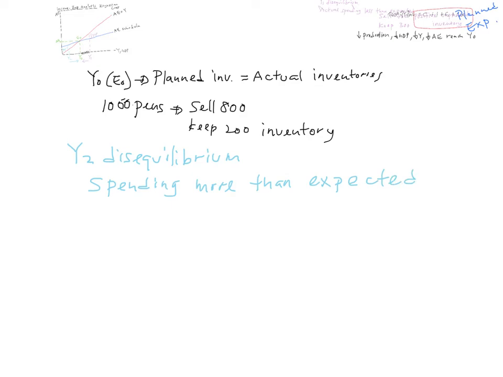Okay. So you have produced 1,000 pens, aiming to sell 800 and keep 200 in stock. What instead happens, if you have ended up selling 900 and you only have 100 in inventory. Okay. We call this situation negative unplanned inventory.